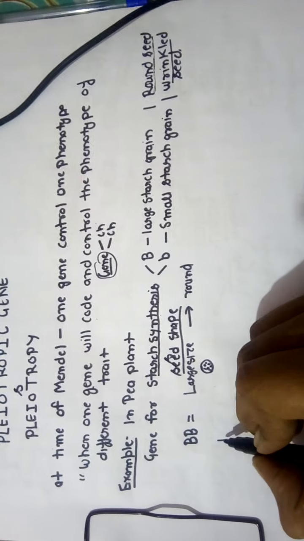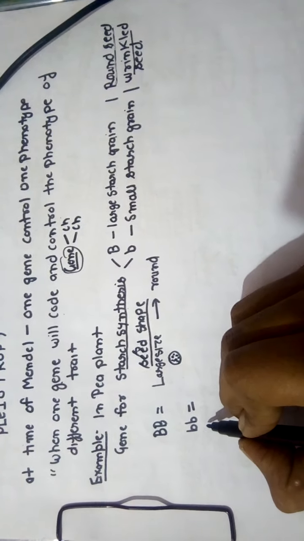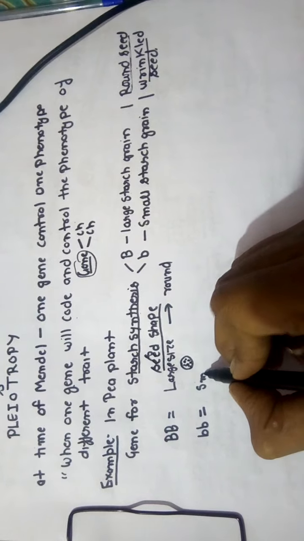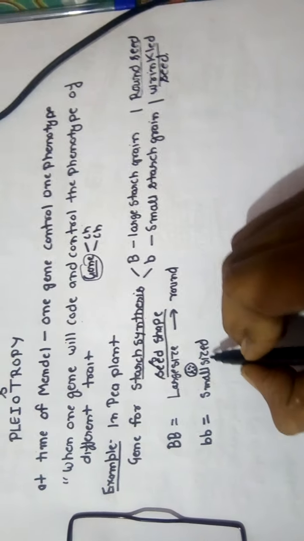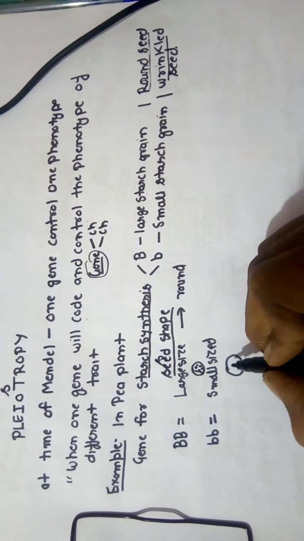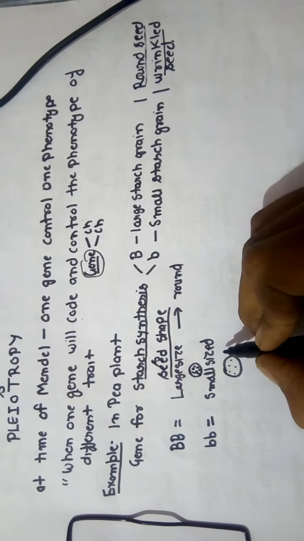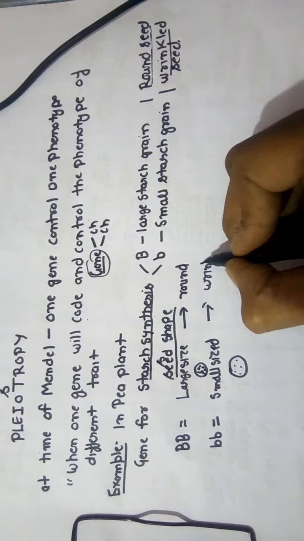If a pea plant is homozygous for small b, because both alleles are small b, in this condition all starch grains that are produced are of a small size, and because the starch grains in this condition are of a small size comparatively to the previous one, when the seeds mature they become wrinkled, because they are not filled from inside.